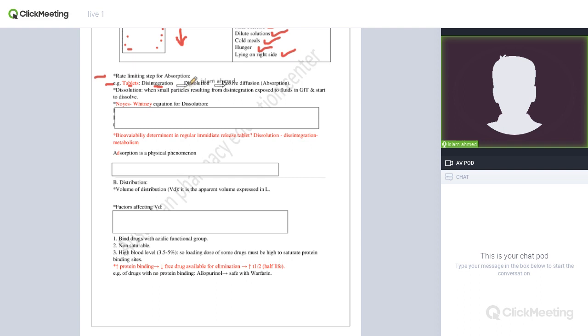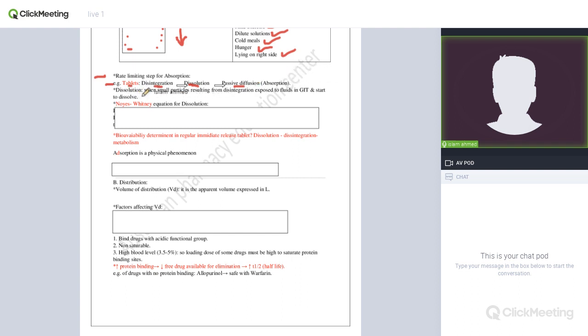After that, the dissolution, which is the process in which the medication in powder form starts to dissolve in the solution to form an absorbable solution. After that, the process of absorption starts.